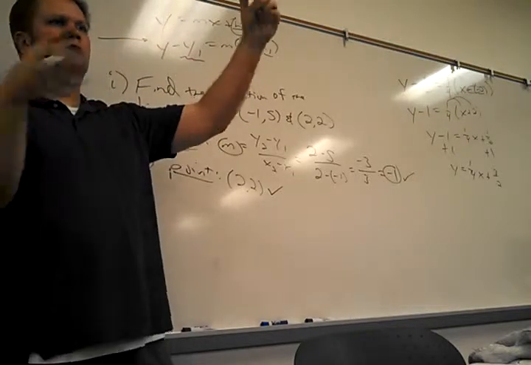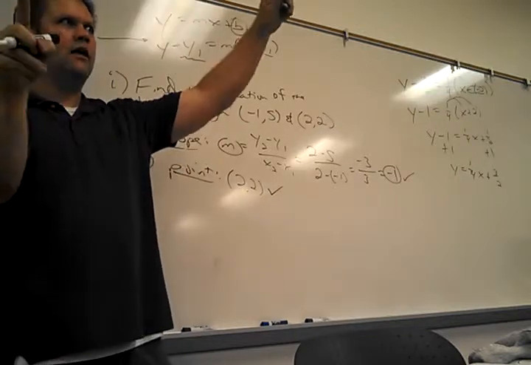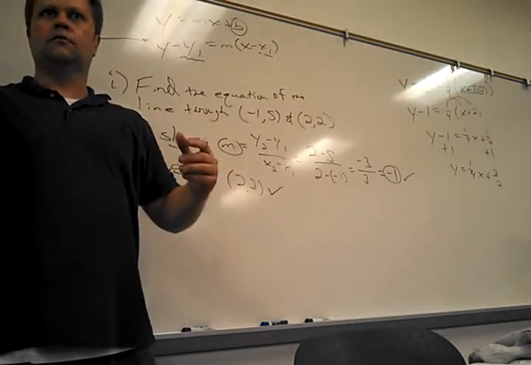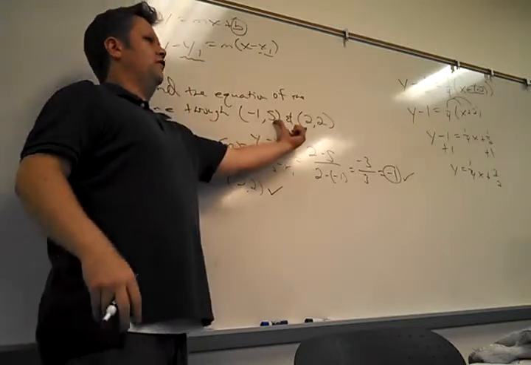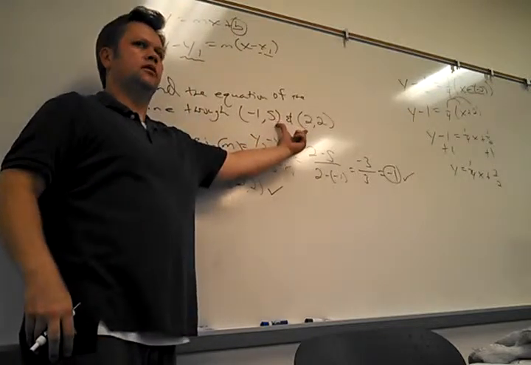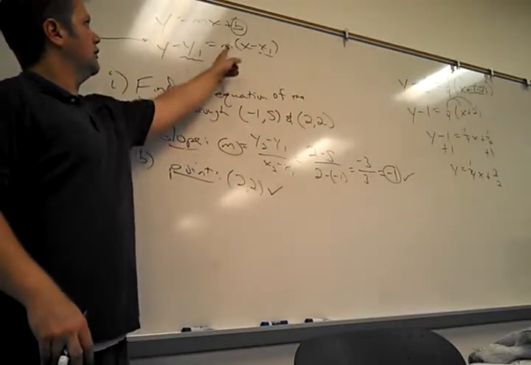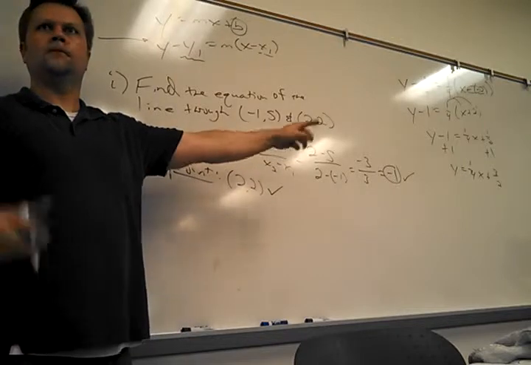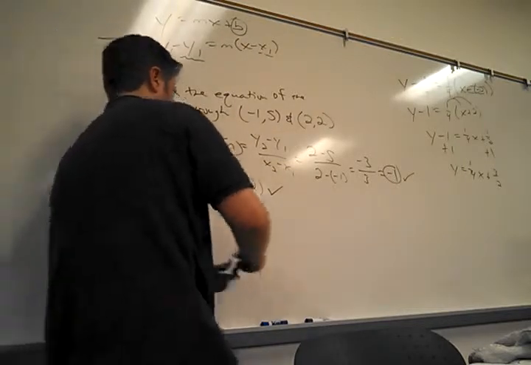If I can graph it, I should be able to get an equation for it, because those really are the same thing. The graph is the answers to the equation. So if I can get one, I should be able to get the other. I can certainly graph this if I wanted to, but I don't need to. I've got a point that I can throw in, and I've got the slope that we just calculated.